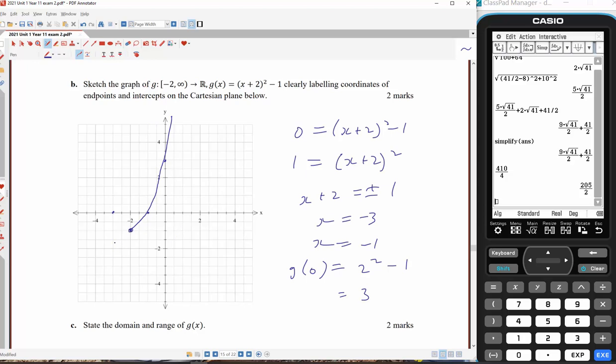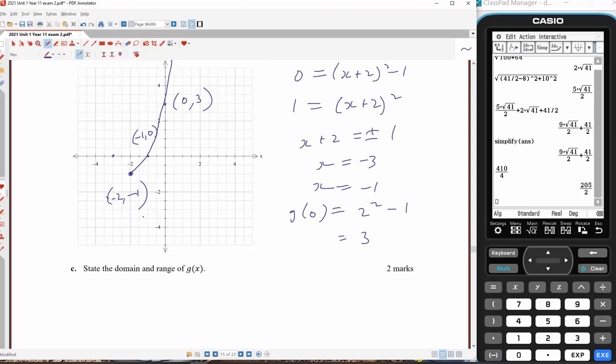So key features: -2, -1. X-intercept was -1, 0, and this one was 0, 3.